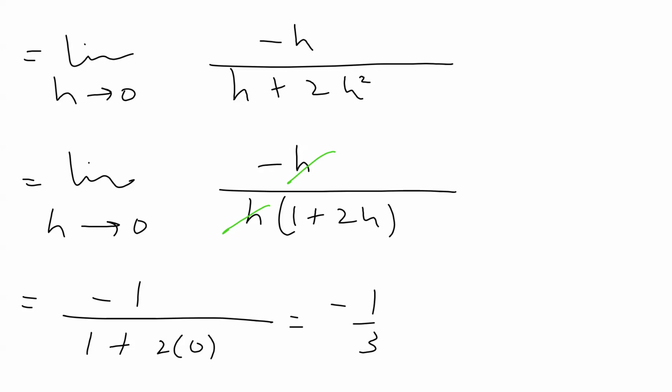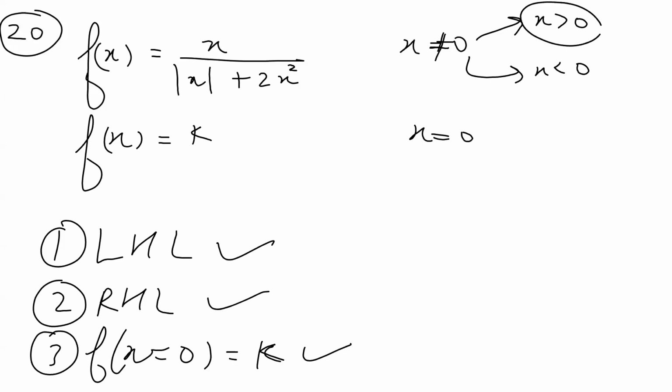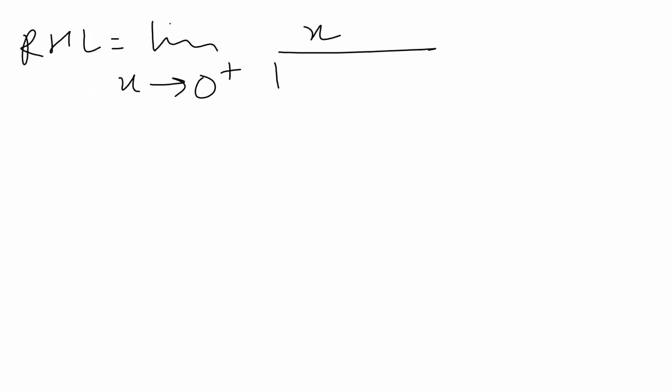Let's start with RHL, the right hand side limit. The function remains the same, because x not equal to 0 indicates both greater than as well as lesser than. So x upon modulus of x plus 2x square.